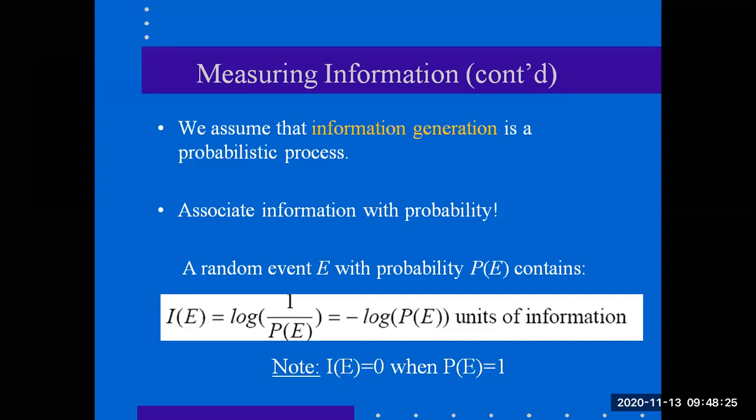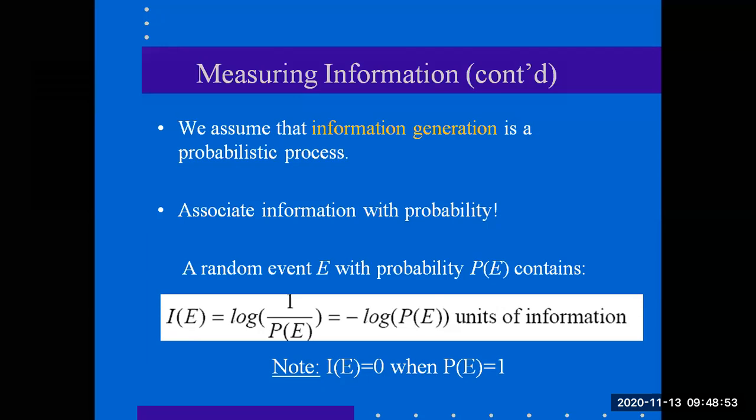Now we require some expected value, which is represented with E, and it is definitely a random event E with probability P of E. We treat this as capital I of E. What is capital I? Capital I indicates information, and E is an event or the expected value.